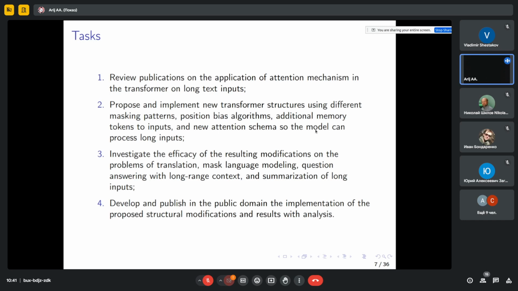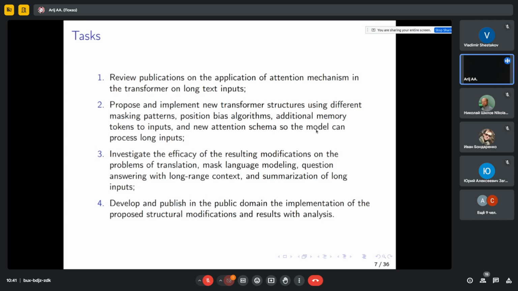This plan was basically depending on studying the mask patterns in the transformer to solve such issues, positional encoding, how to use additional tokens in the transformer, chunk approaches and so on.